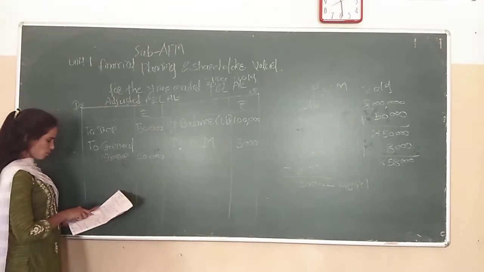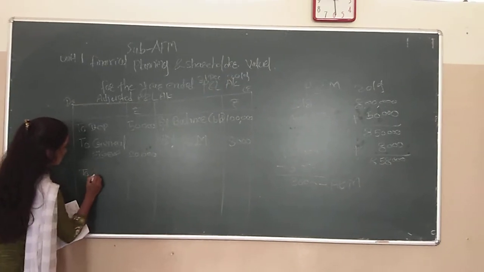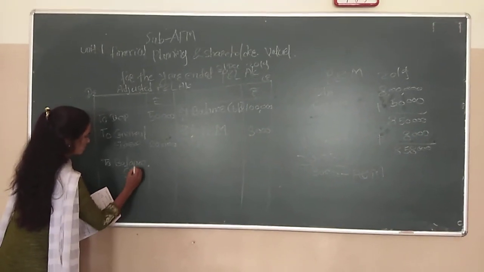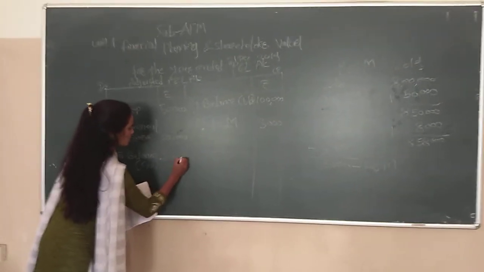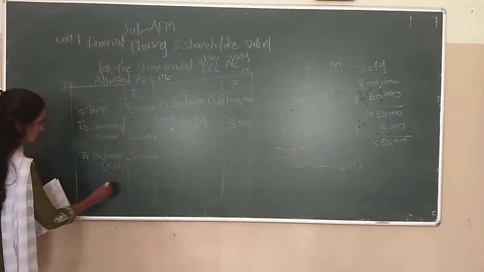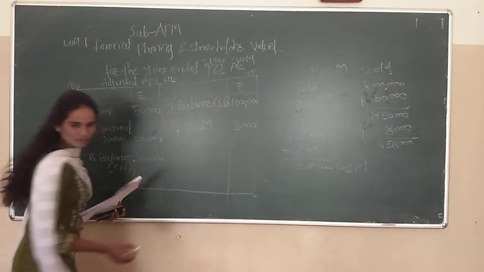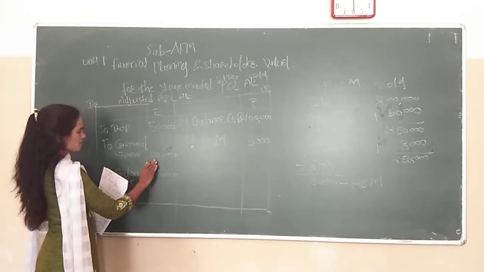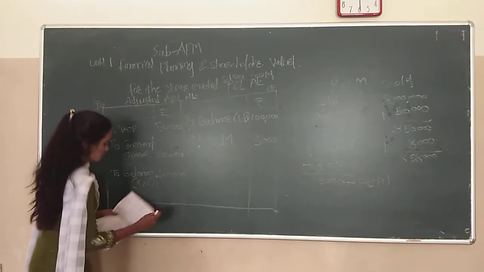To balance carried down 1,60,000. Plus 20,000 plus 1,60,000 is equal to 2,30,000.